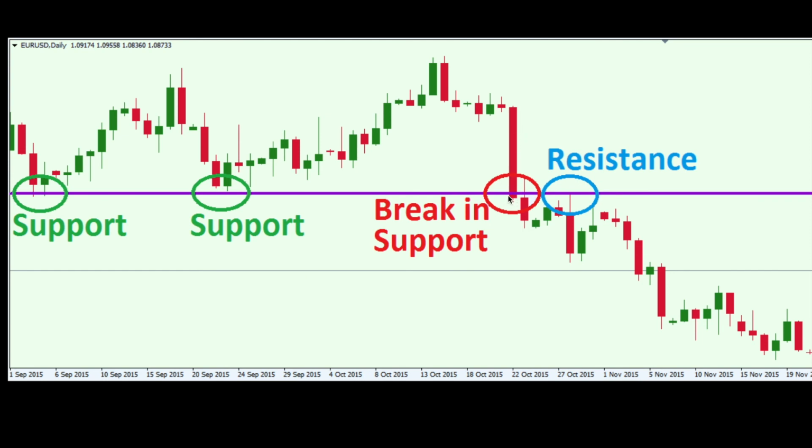So when that happens, the sellers are able to break through and continue to take the price down. The buyers don't believe it's a good deal, so to speak, or a good time to buy again. It bounced twice. All of this is information when it comes to technical trading.